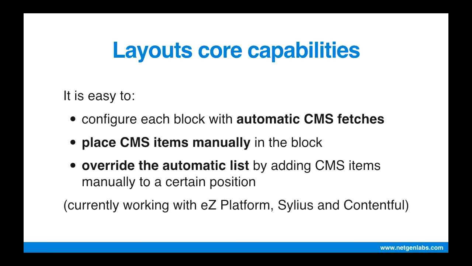This is all currently working with Ibexa Platform. Obviously, we are coming from the Ibexa world, but it also works with Sylius and other products. It also works with Contentful headless CMS. And it should be fairly easy to integrate with anything that has a REST API or anything that is Symfony based.